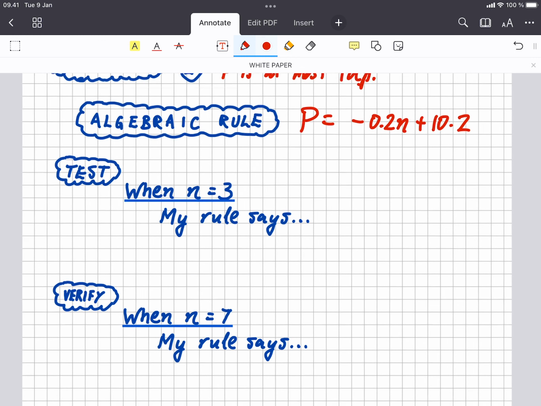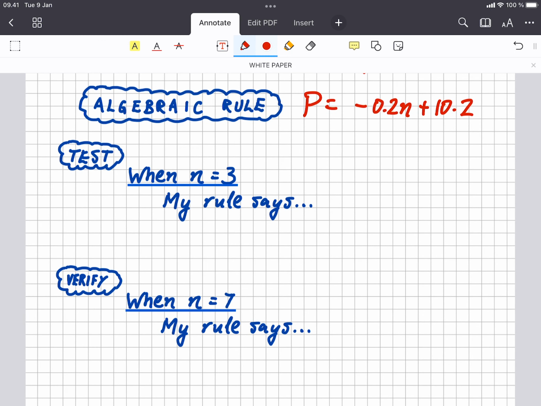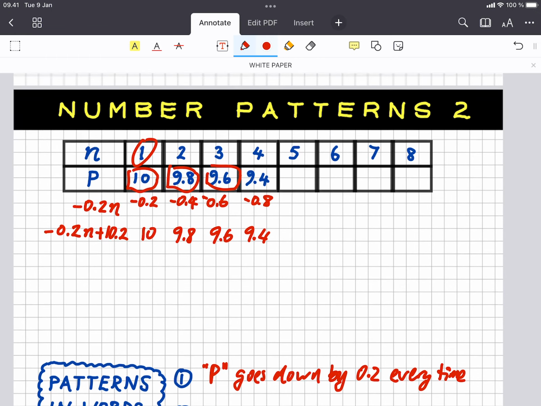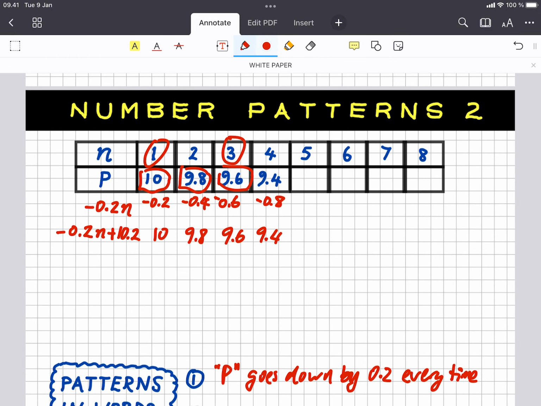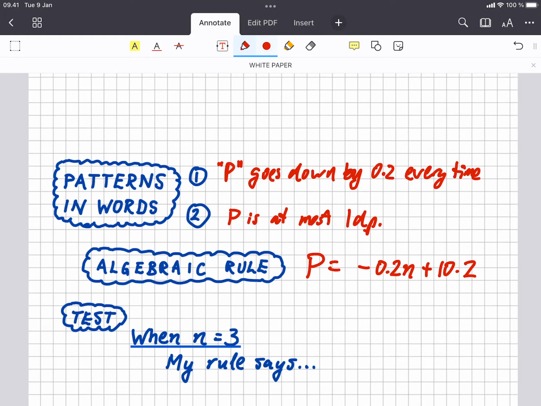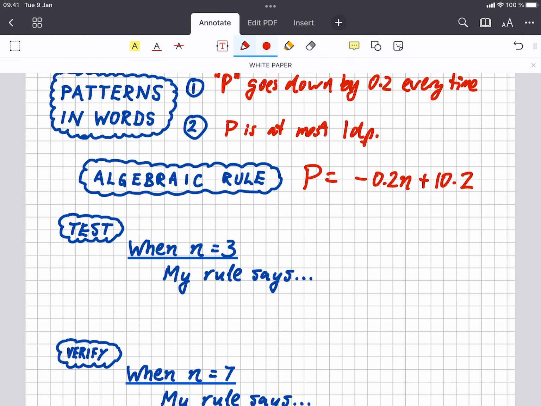Okay, then there's the testing and verifying. So testing is just taking one of the values they gave you and checking that your rule gives you the value they gave for the variable p in this case. So when n equals 3, for example, my rule says p equals minus 0.2n plus 10.2.